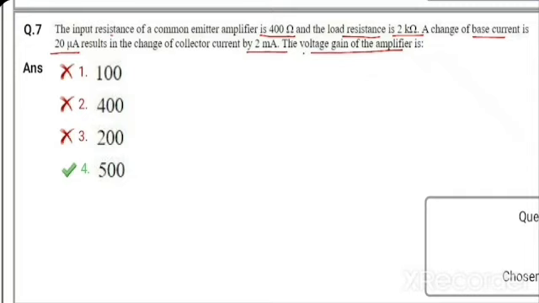As we know, voltage gain AV is equal to V output by V input. Then we also know V is equal to IR according to Ohm's law.